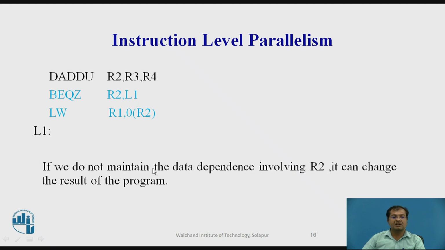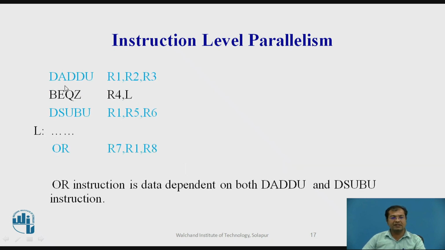Similarly, we'll pick another example. The addition of R2 plus R3 is stored in R1. Then the second instruction, and in the third, R5 plus R6 is stored in R1. Then there is the OR instruction.